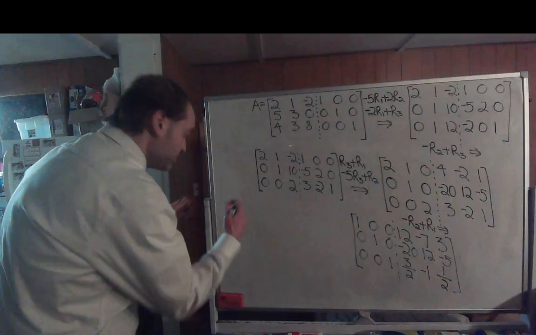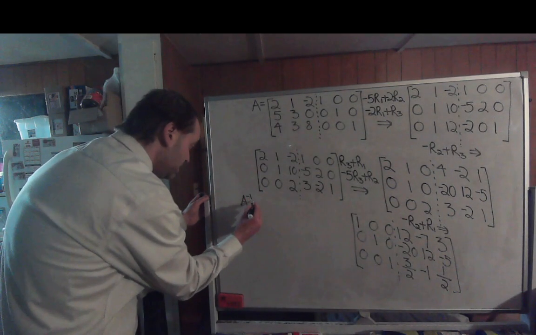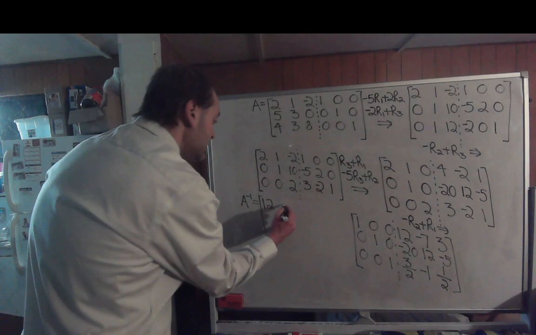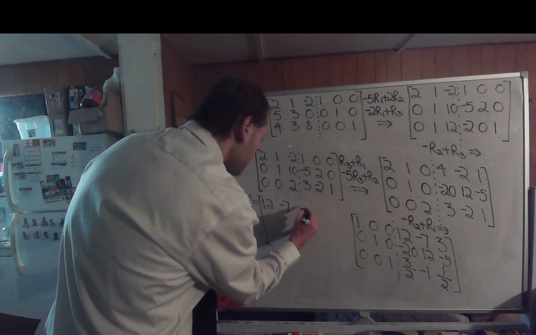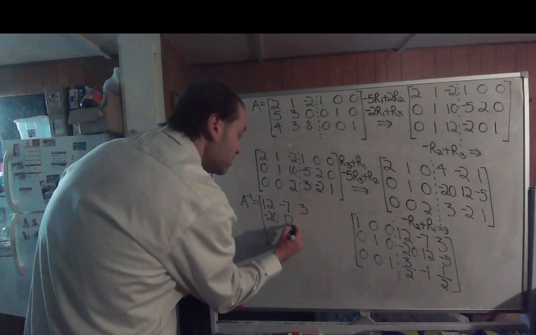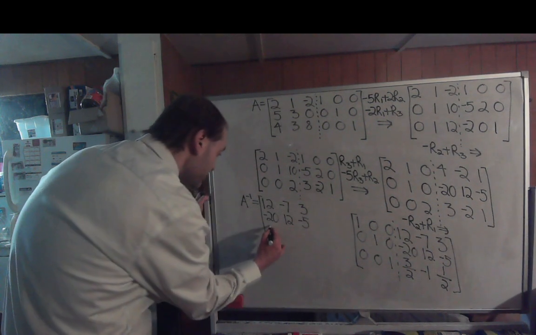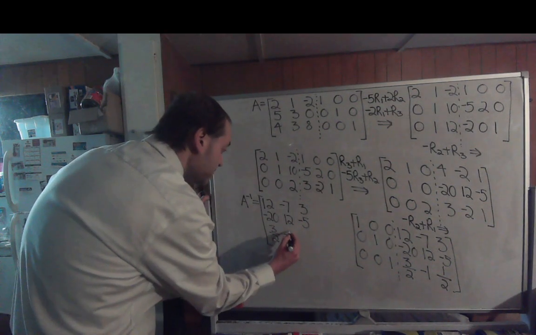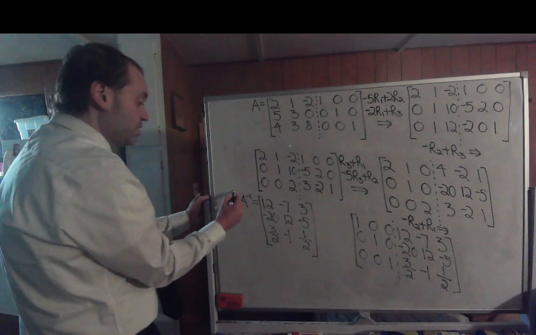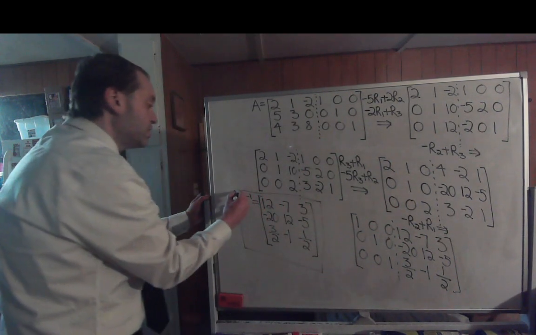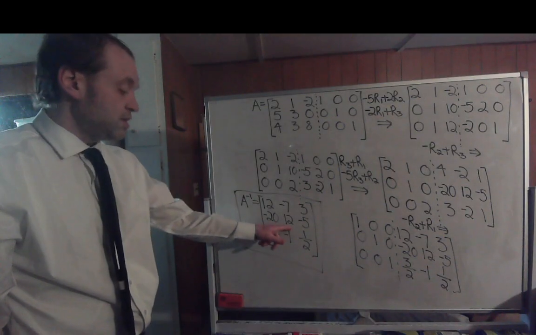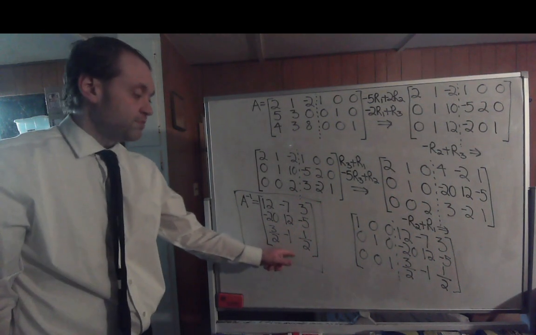So the inverse matrix, which is A to the negative 1, the inverse of A is going to be the matrix of 12, negative 7, 3, negative 20, 12, negative 5, 3 halves, negative 1, and 1/2. There is your inverse matrix of A.